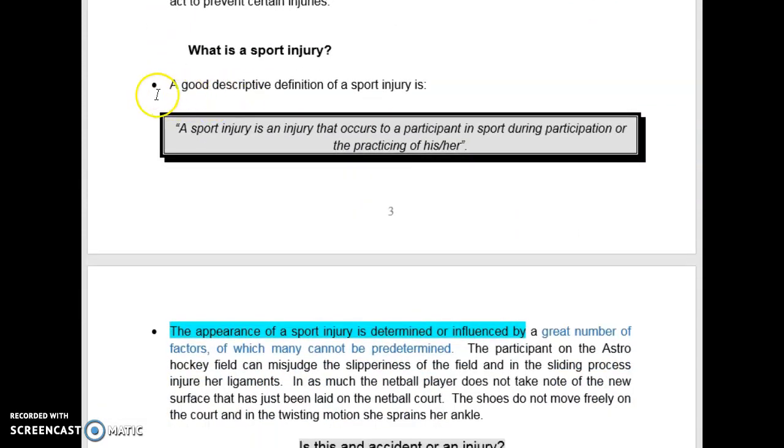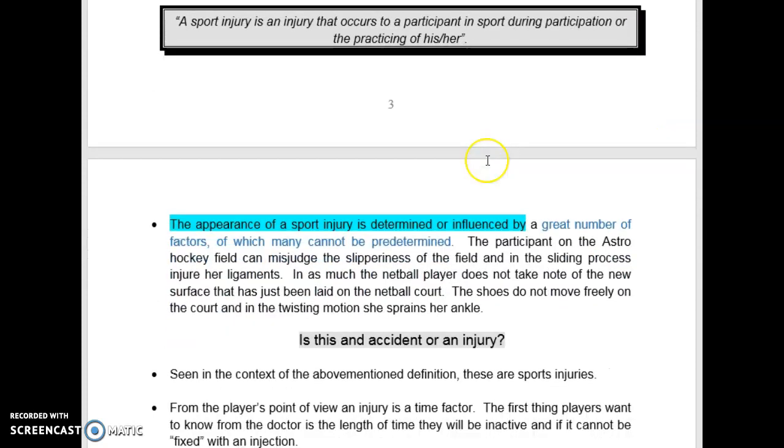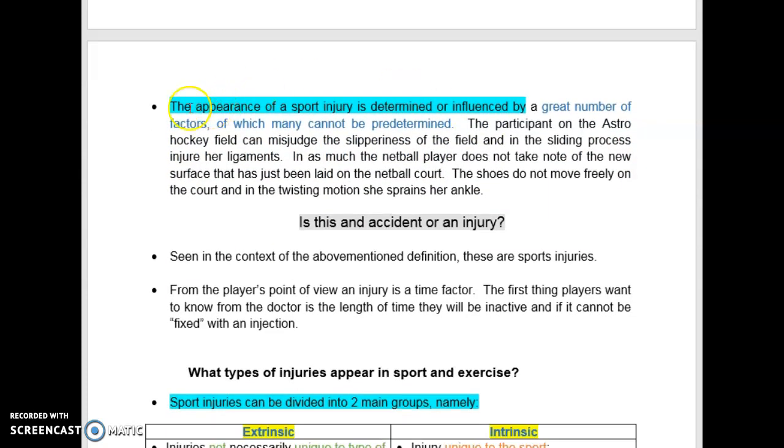So a sports injury is an injury that occurs in a participant in sport during the participation or the practicing of his or her sport. The appearance of a sports injury is determined or influenced by what? Well, many things actually, a great number of factors, and it cannot be predetermined.